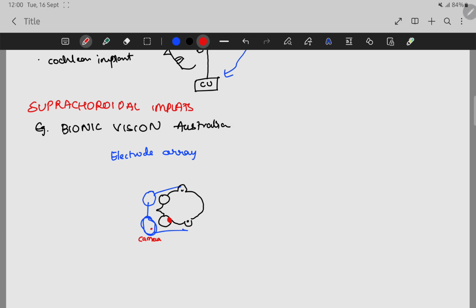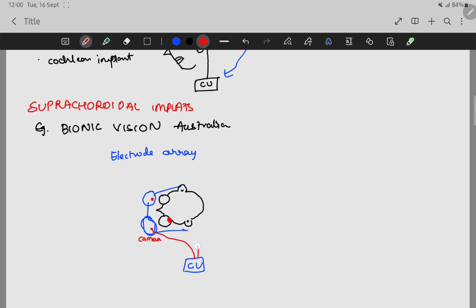So this camera is connected with the processing unit, or the control unit. The data is processed and sent to the implanted system.